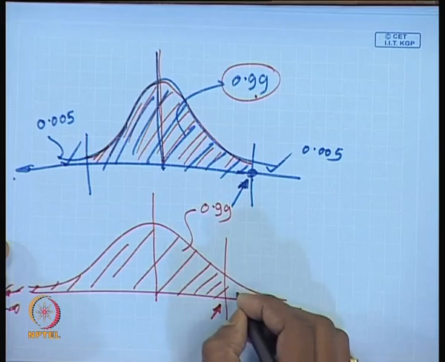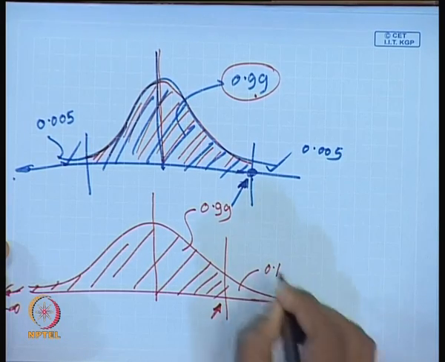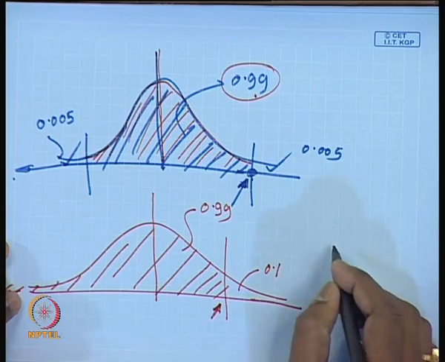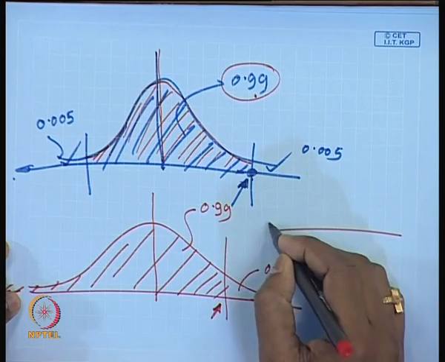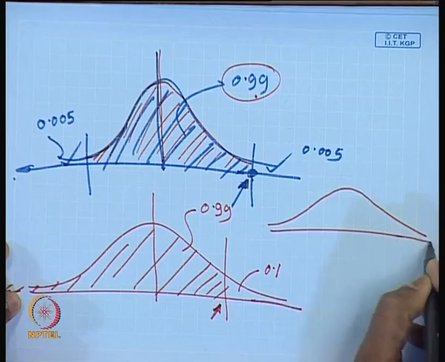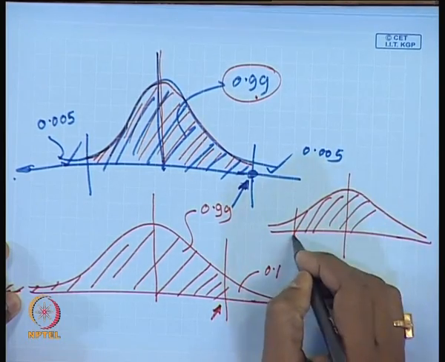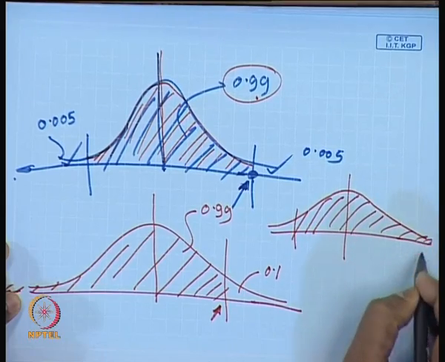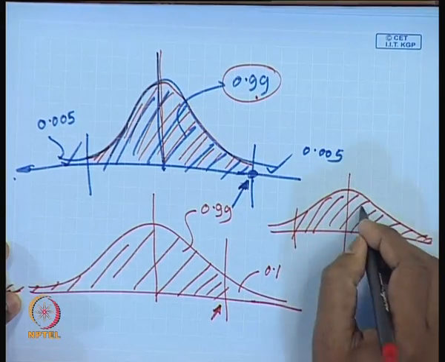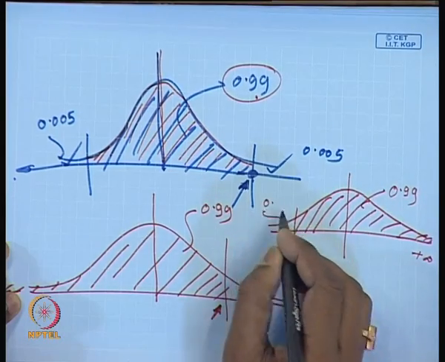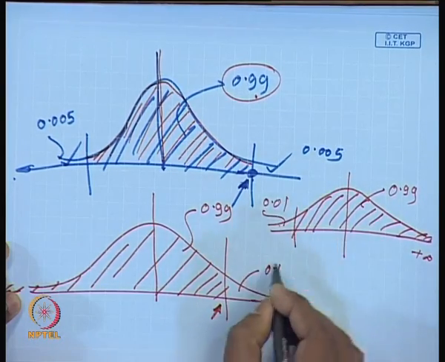In this case, when it is one side, it is 0.01 when we are interested in the upper limit. And if we are interested in the lower limit, then we can plot the same thing, from this point to plus infinity. So, this is your 0.99 and this area is your 0.01.